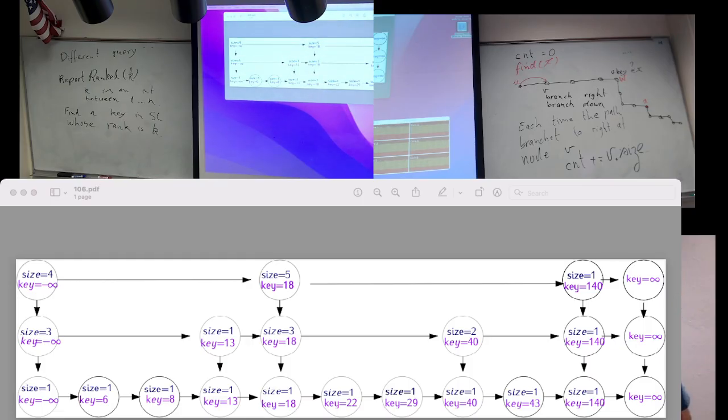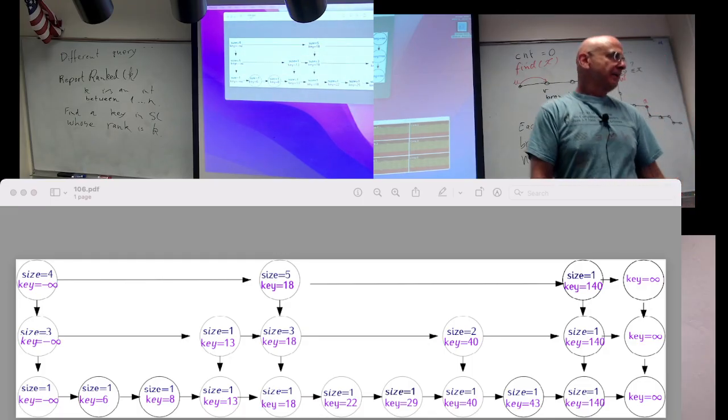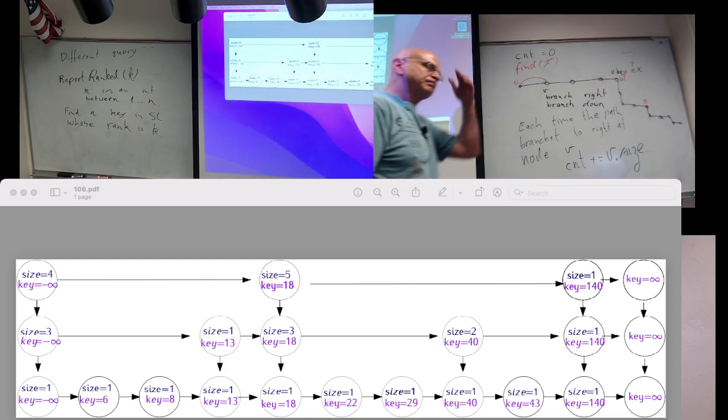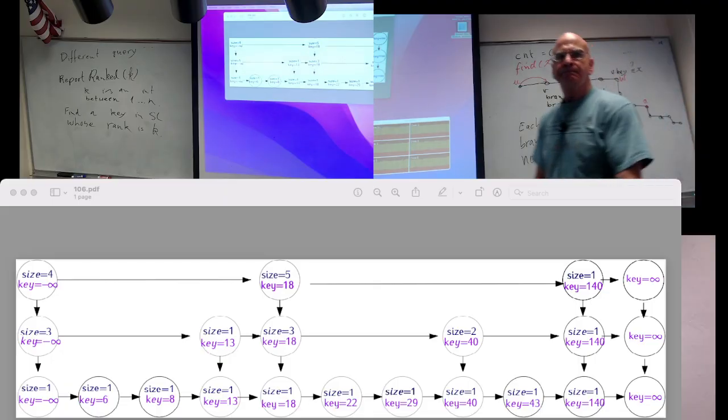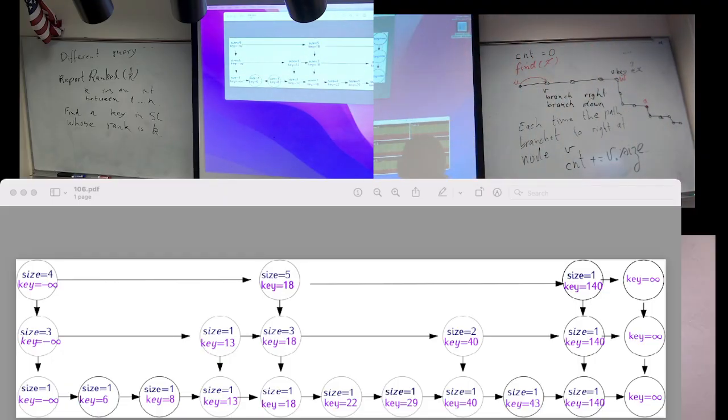Let's say you're searching for 10. You just go down because itself is 10, and at the end you know that the key of infinity has 10 keys at the end.